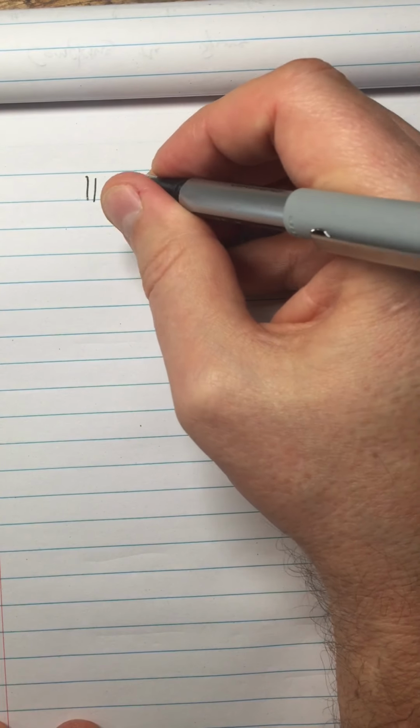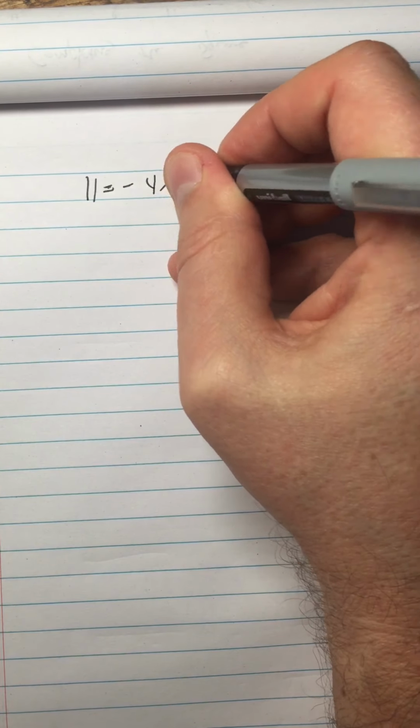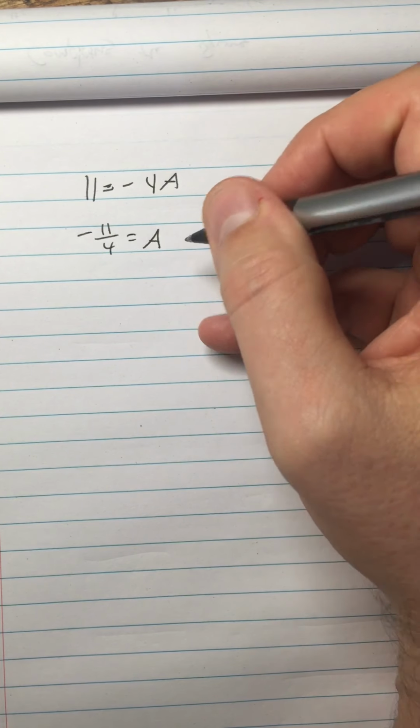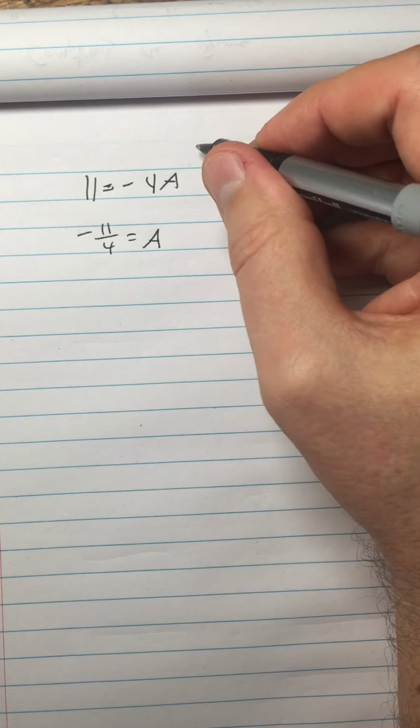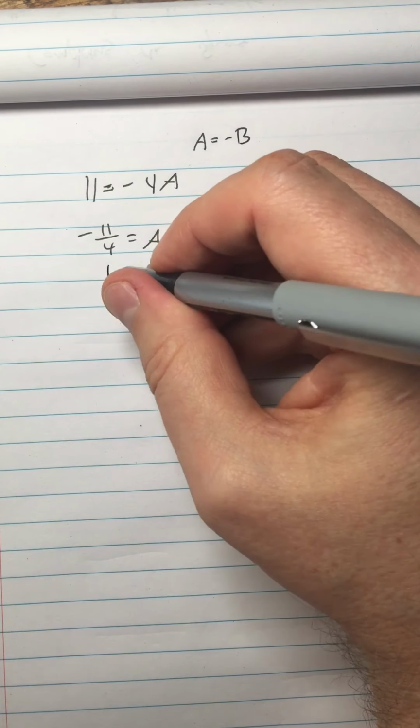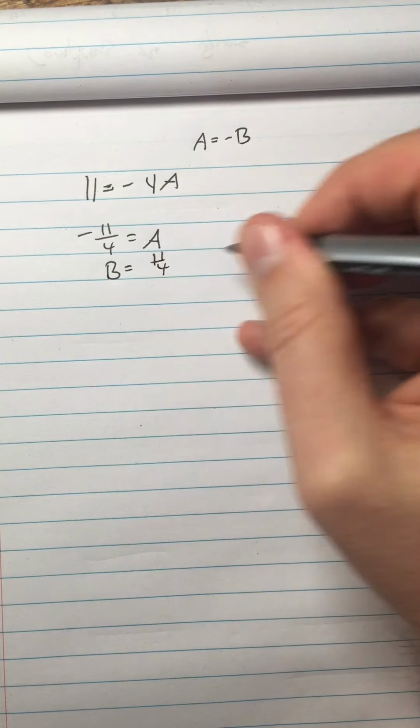And so we end up with 11 equals negative 4A, negative 11/4 equals A. And since we had from before A equals negative B, that means that B is equal to positive 11/4.